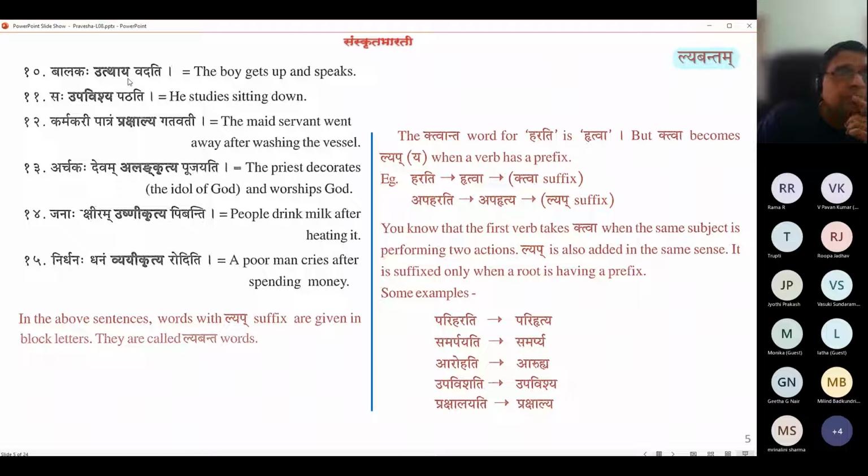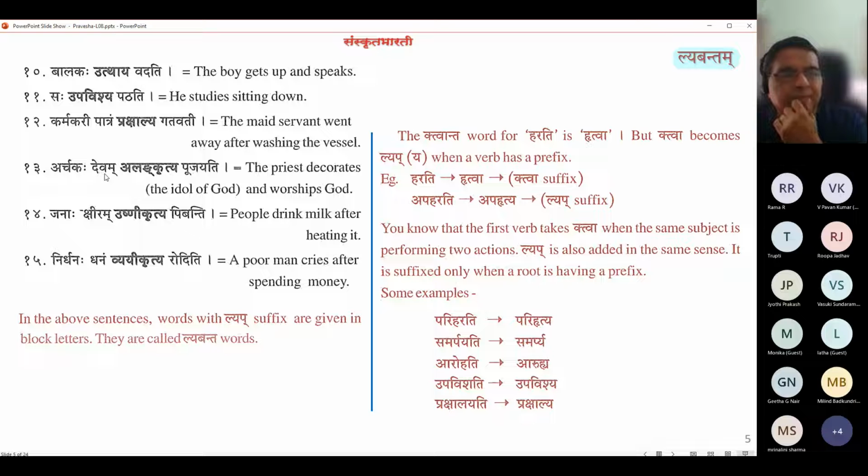Balakaha uttaya vadati. The boy gets up and speaks. Saha upavishya patati. He studies sitting down. Karmakari patram prakshalya gatavati. The maid servant went away after washing the vessel.